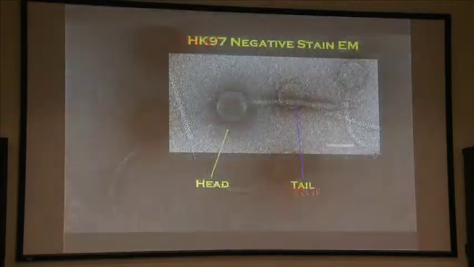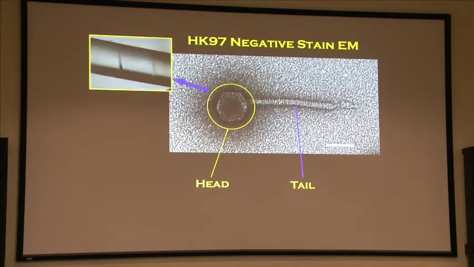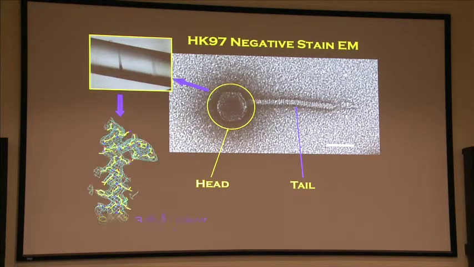And Roger Hendrix and Bob Duda at the University of Pittsburgh came up with a very neat expression system where they could express just 2 genes and be able to make these icosahedral capsids that had none of the tail associated with it. That allowed us to grow crystals of the capsids, the particles, and to get a 3.5 angstrom X-ray map of these structures.